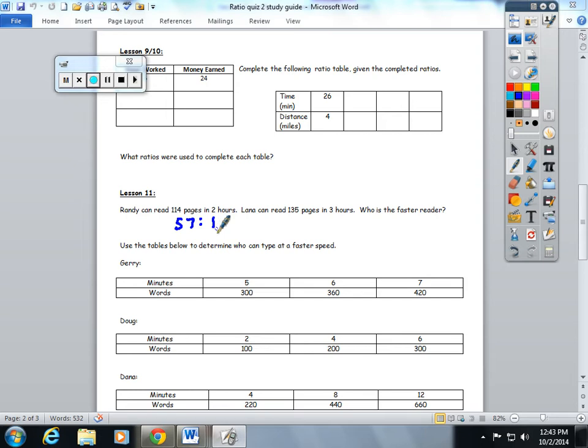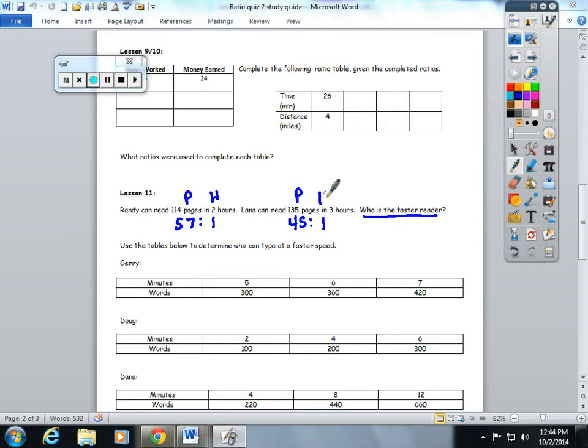And then you scale down Lana's pace. So you divide 135 by 3, which equals 45, then you divide 3 by 3, which equals 1. Now we have to find out who's the faster reader. You should label the 2.